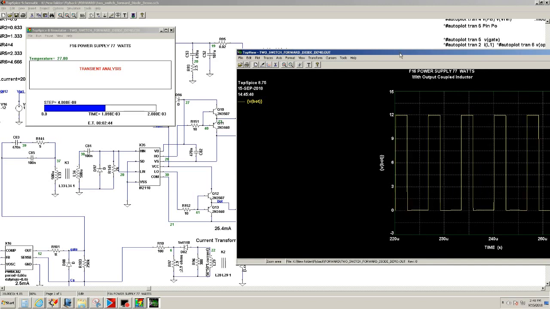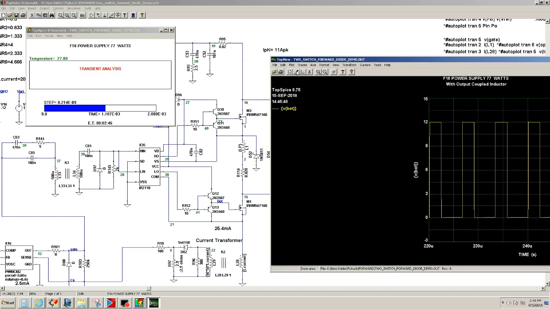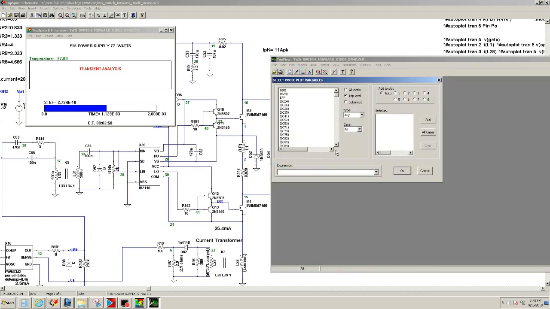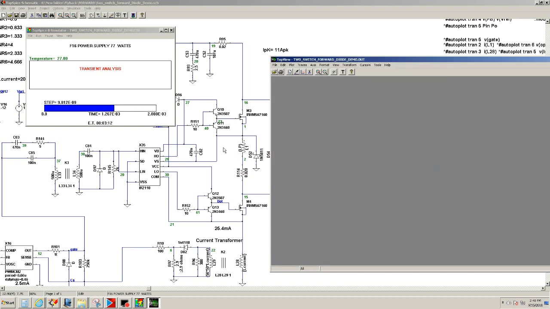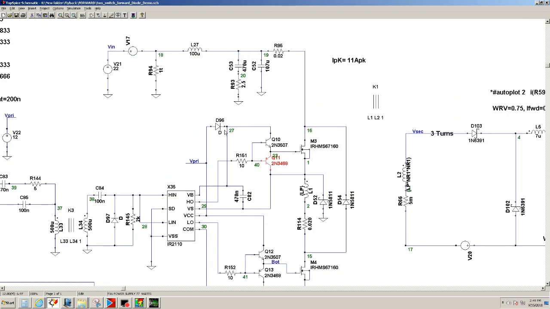That looks pretty good. And let's see, if I type V23 close parenthesis and then V subtraction, will that work? Expression V23. Interesting. So it's this node.